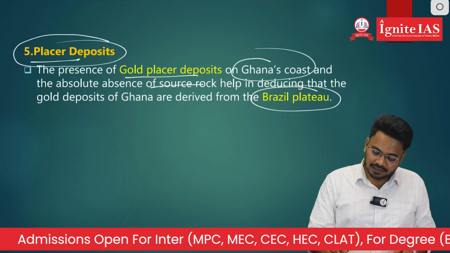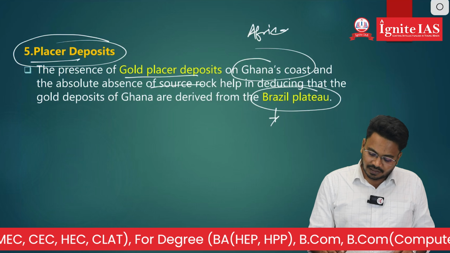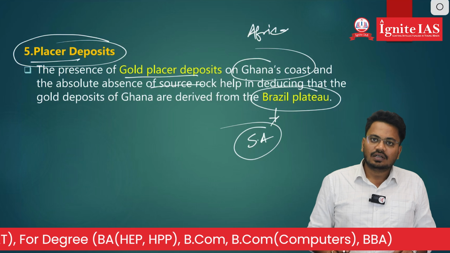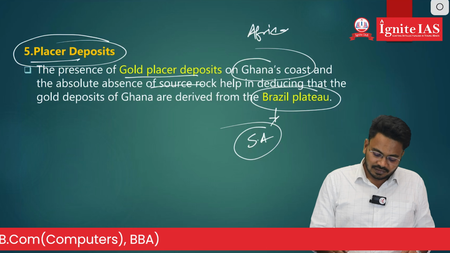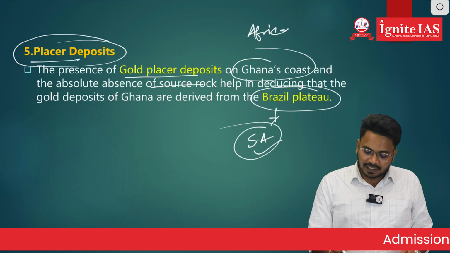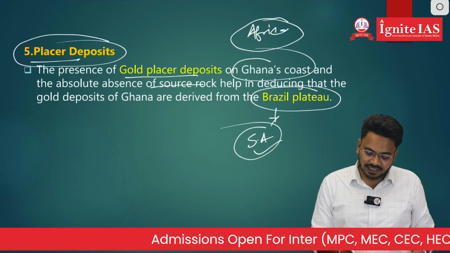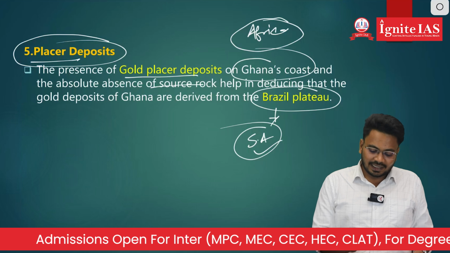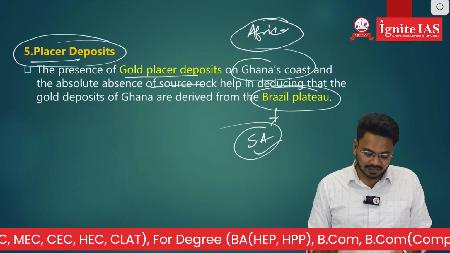We know that Ghana is on the African coast and Brazil is on the South American coast, right? Now the point here is, the gold has its parental deposit in South America and it has its roots, or else we can say its branches, in Ghana, right? So that is one of the evidences shown by Alfred Wegener.